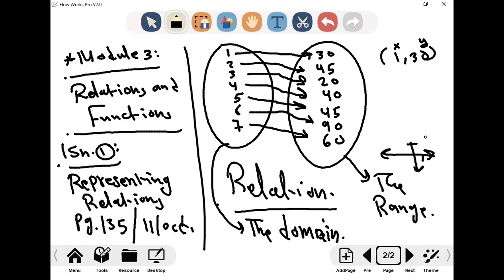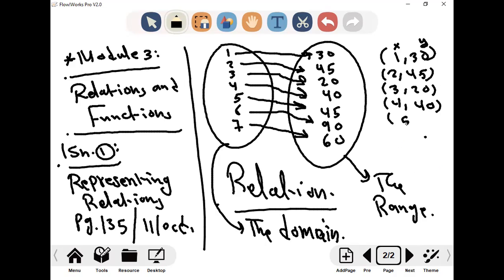So this is what we call ordered pairs. Here 1 with 30, 2 with 45, 3 with 20, 4 with 40, 5 with 45, 6 with 90, and 7 with 60.